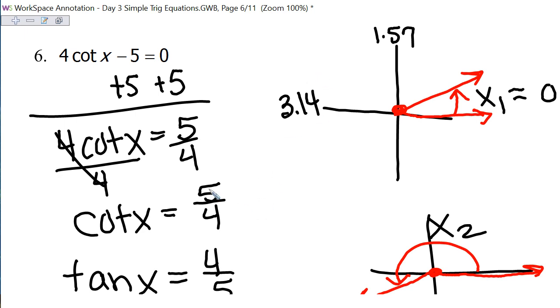So if this is 0.675, this is also 0.675. So pi plus 0.675, and we'll round to 3 decimal places. To 3 decimal places, what did you get? 3.817. I agree, 3.817.